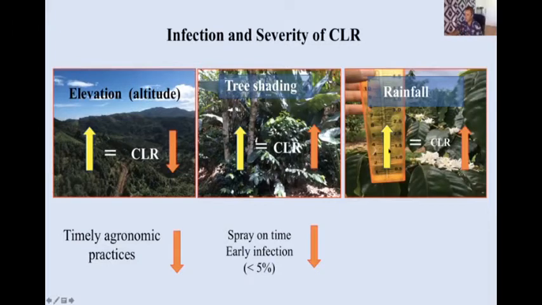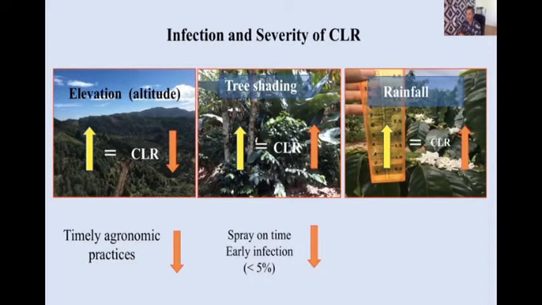Rainfall. More rainfall is going to directly affect how the coffee season comes, and the physiology of the plant. At the same time, when we get more rainfall, we get more infection and more severity. But something important: when we do agronomic practices, like control of the weeds, applying fertilizer, pruning, removing the suckers, reduction of the shade, all of these practices are going to help us keep the coffee plant healthy.